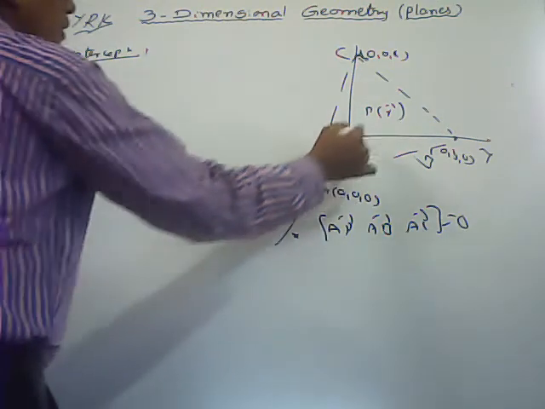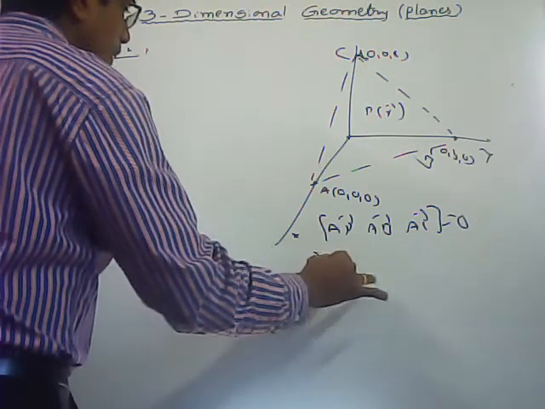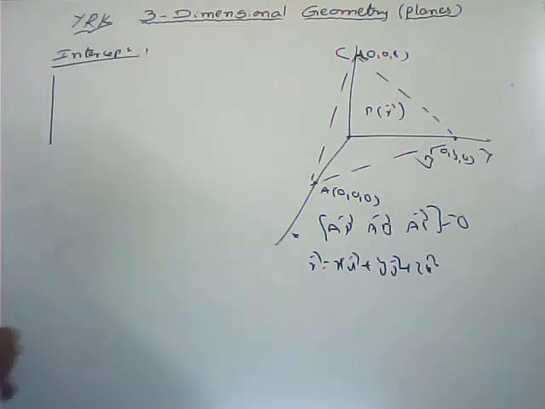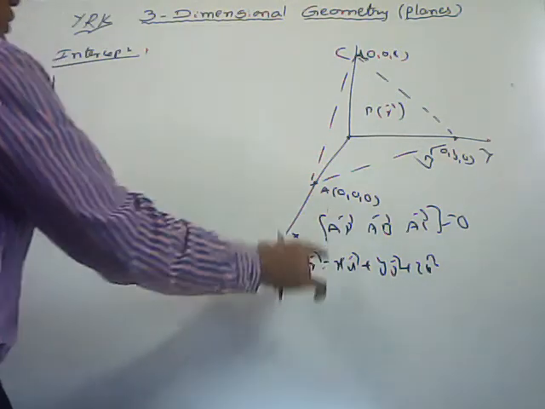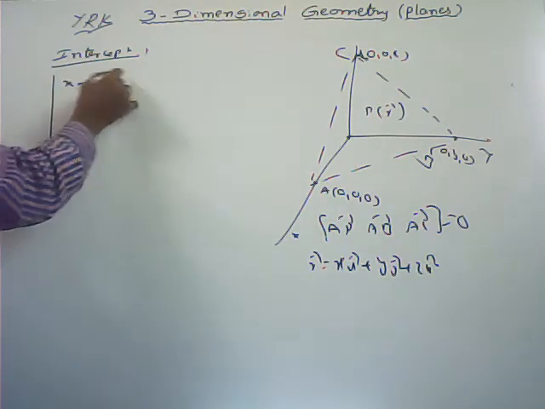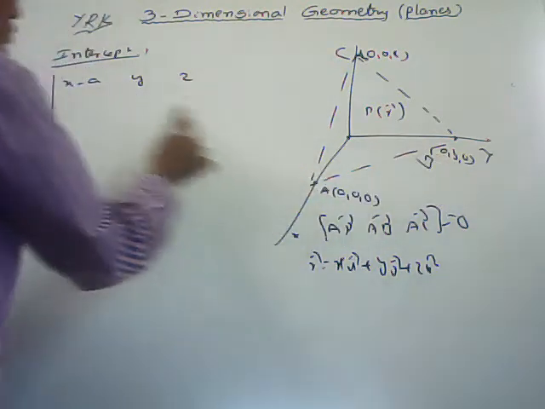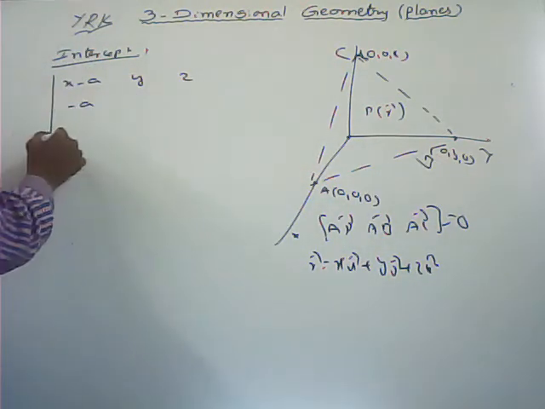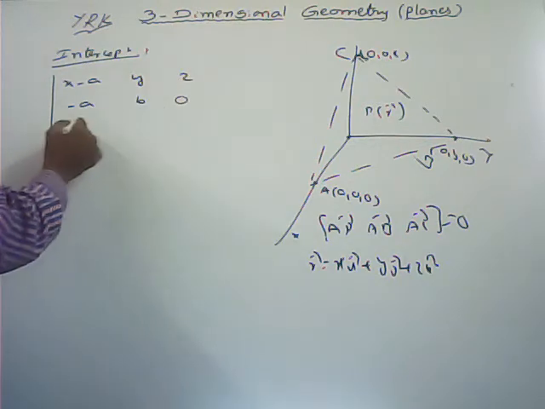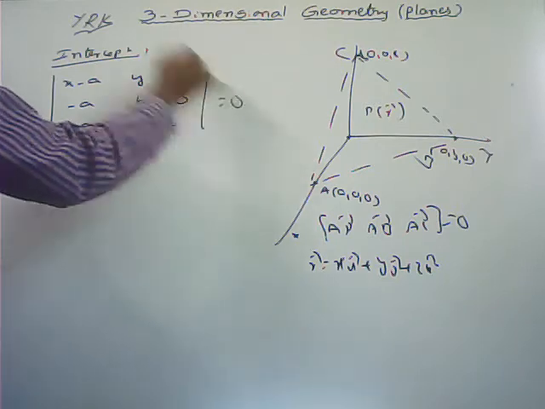Here R bar, OP bar, is equal to xi cap plus yj cap plus zk cap. OP bar minus OA bar gives x minus a, y minus 0, z minus 0. Next x2 minus x1, y2 minus y1, z2 minus z1, then x3 minus x1, y3 minus y1, z3 minus z1, that is equal to 0.